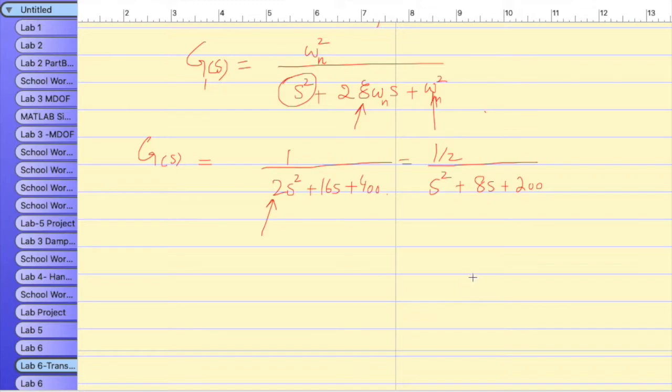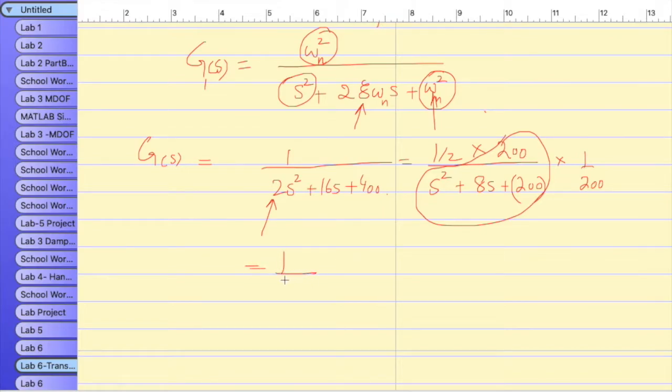This is very simple. The next step: over here I have omega n squared, and in the numerator I need the same number. I have 200 here, so I must have 200 in the numerator. In order to have 200 there, I divide by 200, and now this is in the standard transfer function form, and the remaining thing is just a scaling factor.